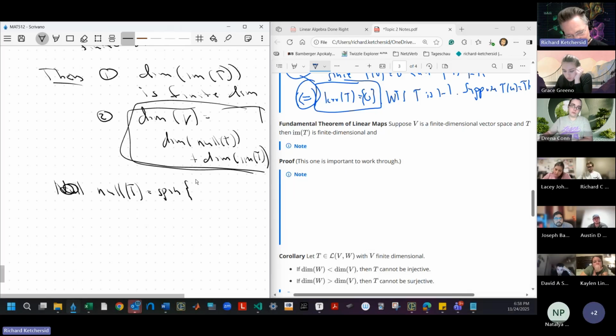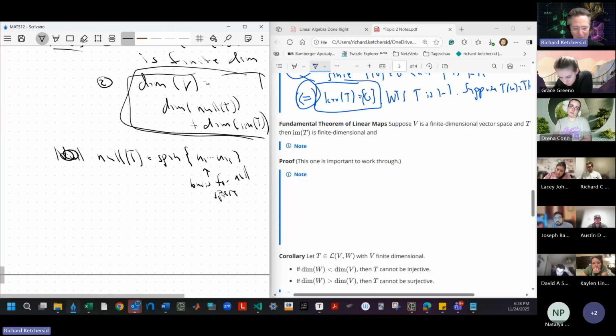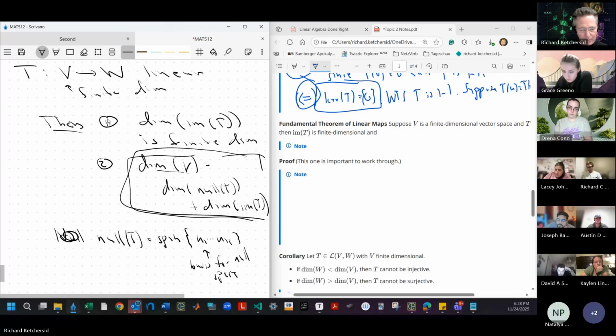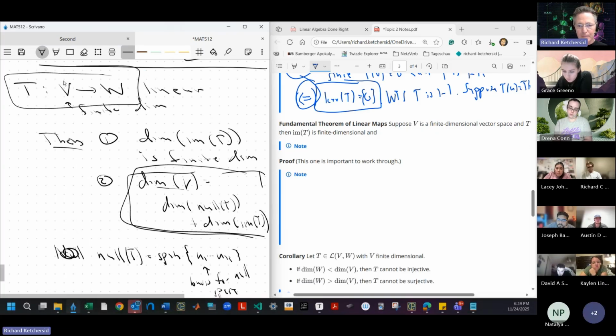So this will be a basis. What else do I want to do? I'm trying to get something about this. The null space is a subset of V, because the map is going from V to W.